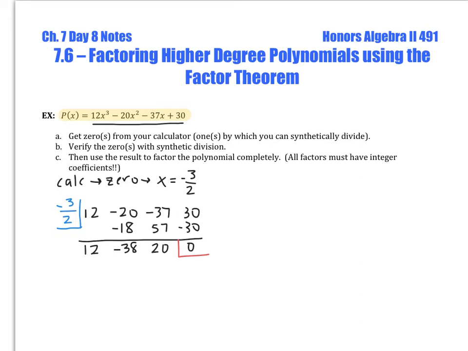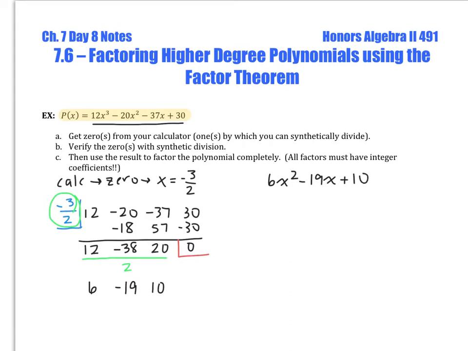But remember, because we have this fraction, this rational number here, we have to then divide all of these coefficients by that denominator. Okay, so the real coefficients that we're dealing with are going to be 6, -19, and 10. So now we are at a polynomial that is 6x squared minus 19x plus 10.